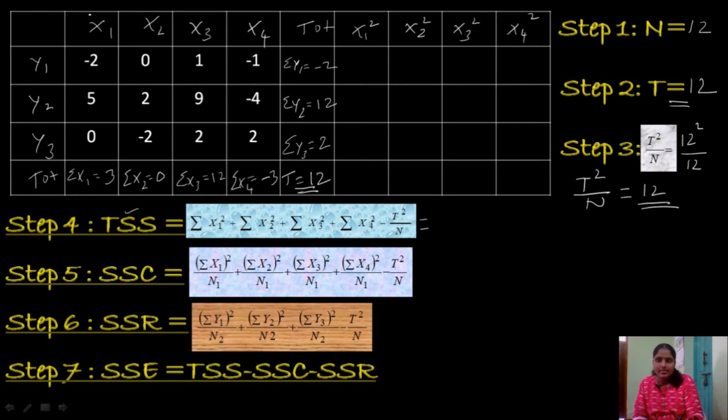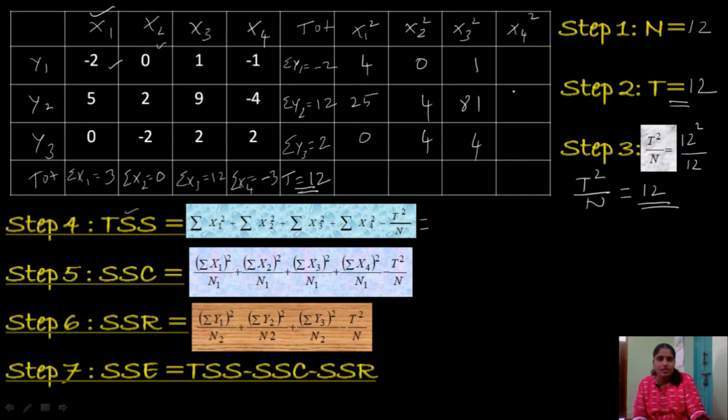x1 square is nothing but the square of the values of x1, that is minus 2 square is 4, 5 square is 25 and 0 square is 0. Next x2 square, for the second column, 0 square is 0, 2 square is 4 and 2 square is 4. For the third column, 1 square is 1, 9 square is 81 and 2 square is 4.